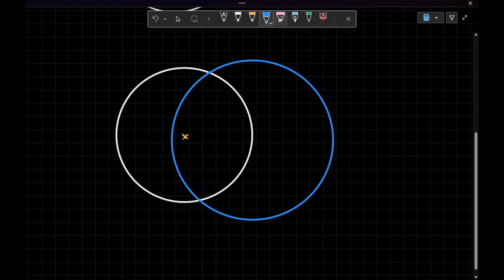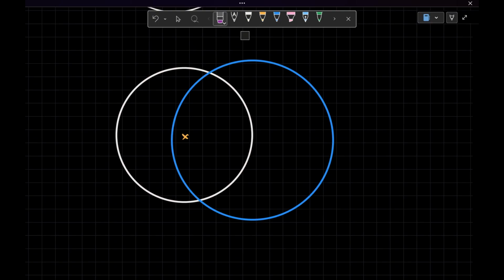Let me erase the outer side. Okay, so this is the case.